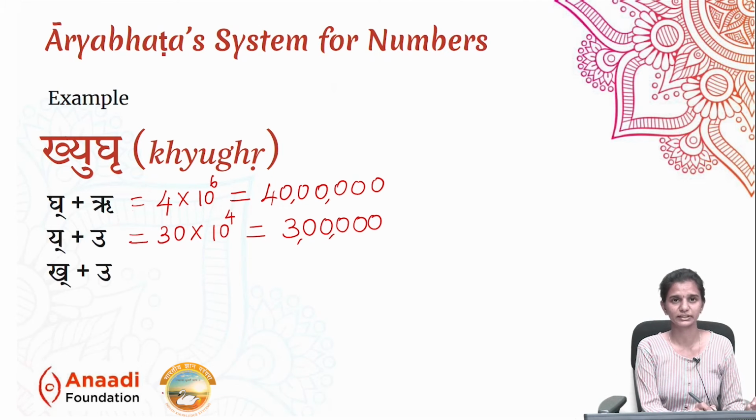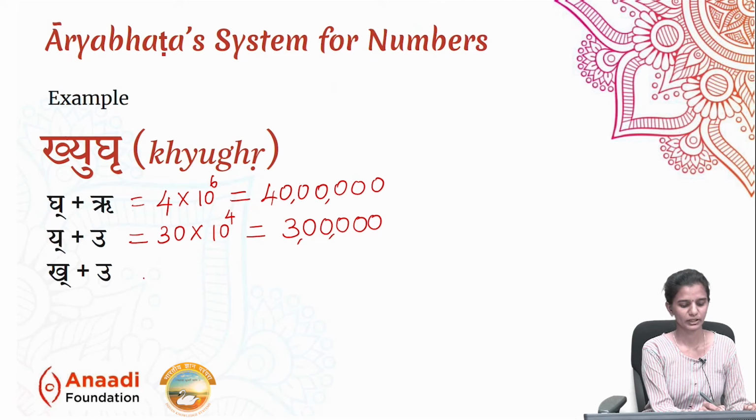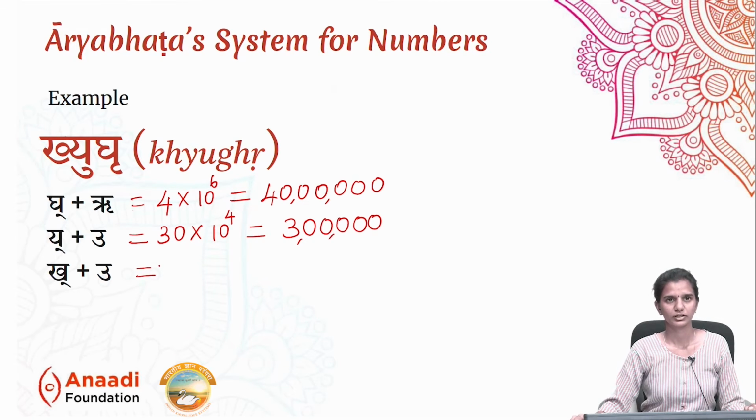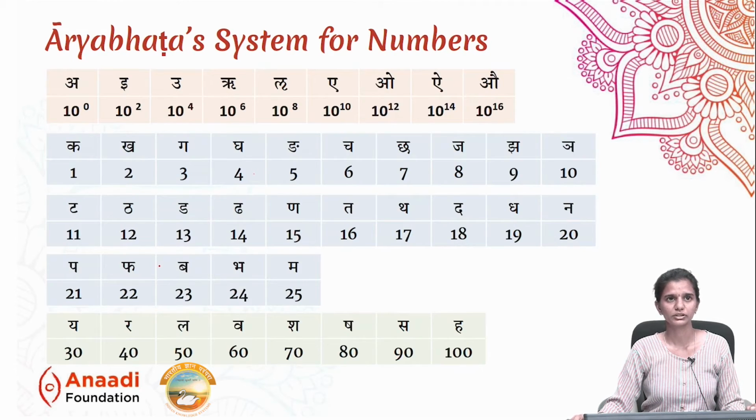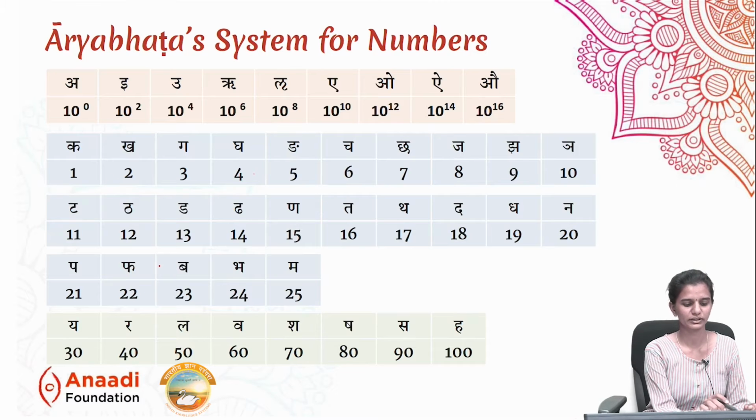The next letter is ik plus u. We look at the table. The value for ik is 2, and again the value of u is 10 power 4.